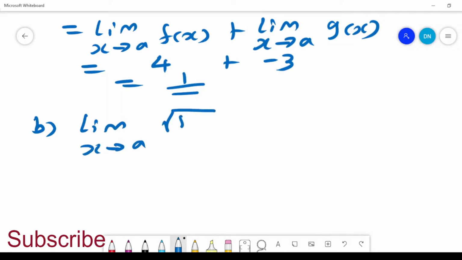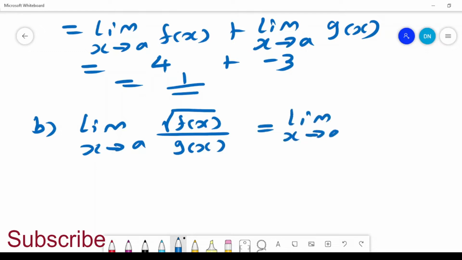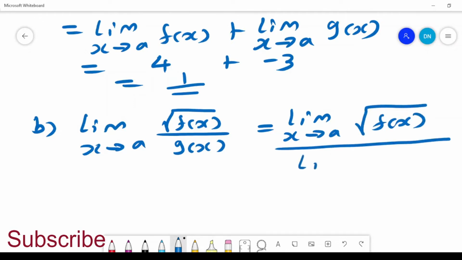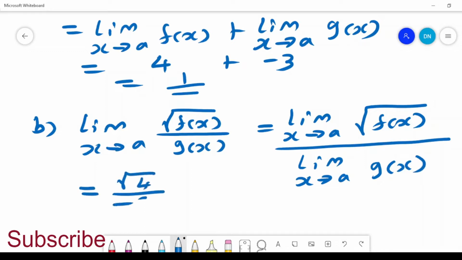Another example, limit as x tends to a. This is now where we have a quotient. This we can write as limit as x tends to a of the square root of f of x divided by limit as x tends to a of g of x. And that basically takes us to the square root of 4 all over negative 3, which is negative 2 over 3.